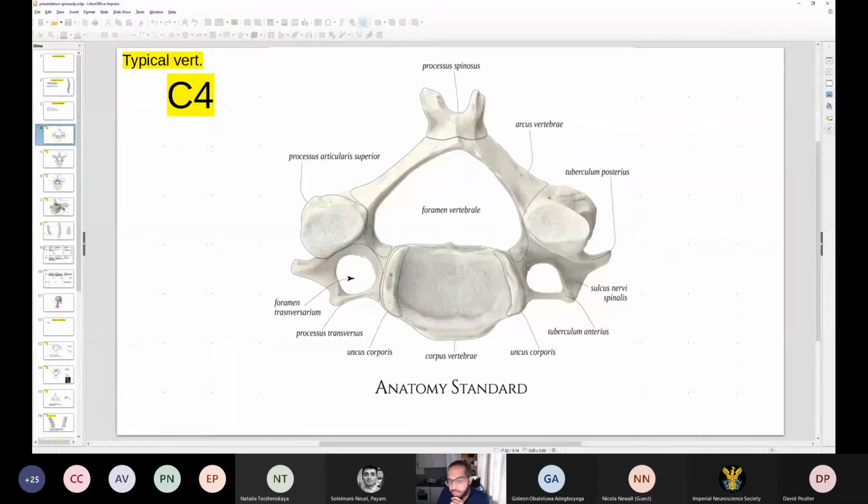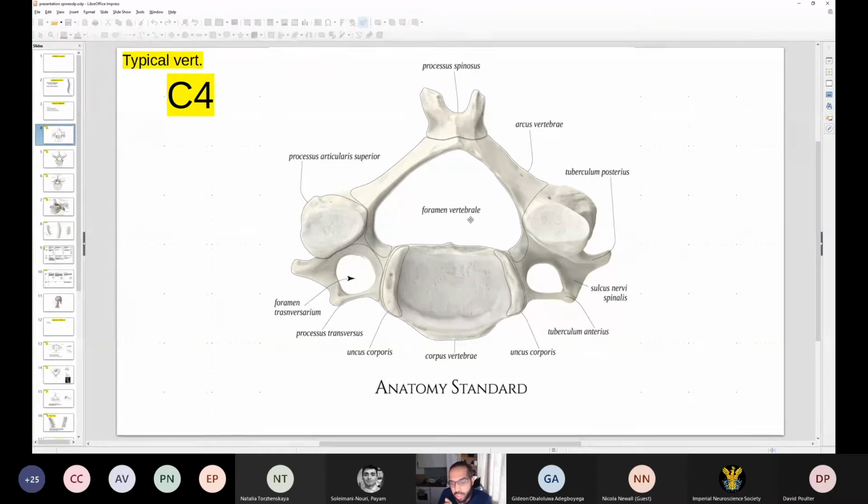Other less obvious features are the canal. It's wide, the spinal canal, or here it's a foramen, and they connect together and eventually become a canal. So you see it's large compared to the rest of the vertebrae down in the vertebral column.